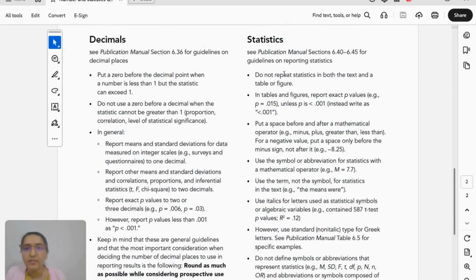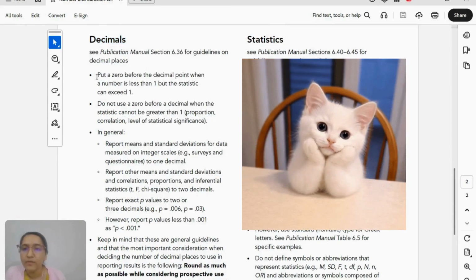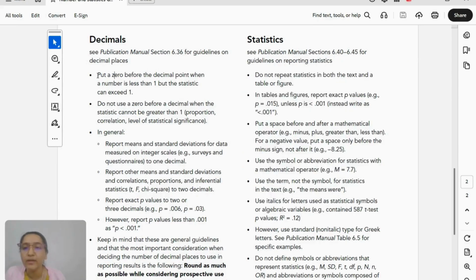Now let's see the rules about writing decimals, and here it gets interesting. The first rule: put a 0 before the decimal point when a number is less than 1 but the statistic can exceed 1. For example, when you are running a linear regression model and your coefficient is 0.5, let's suppose.